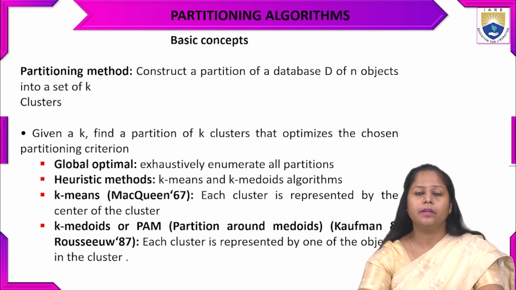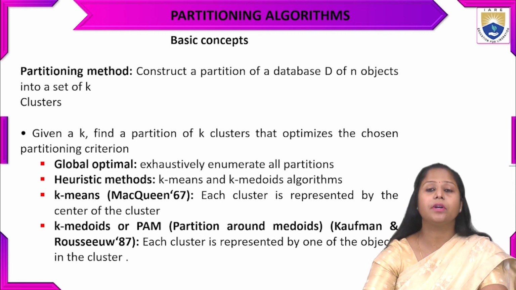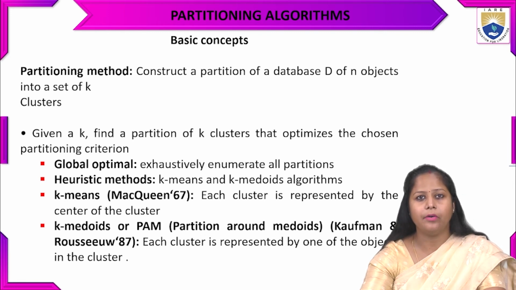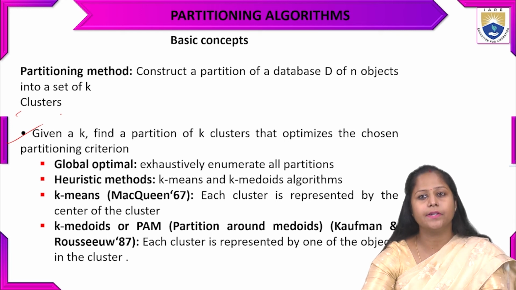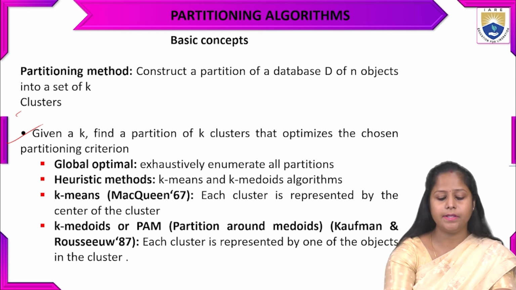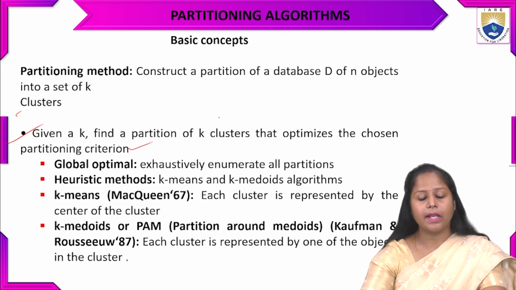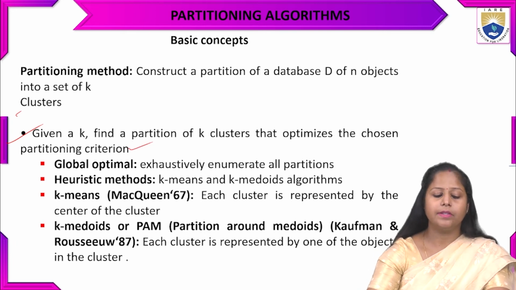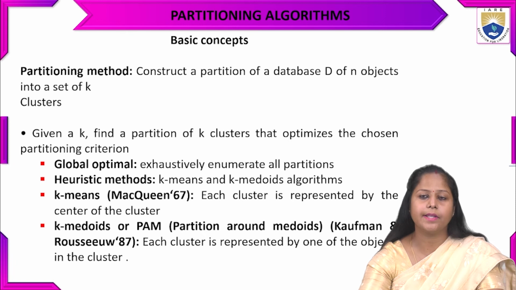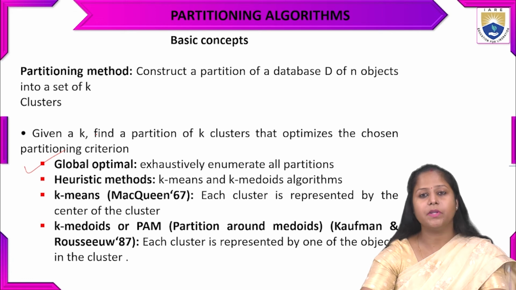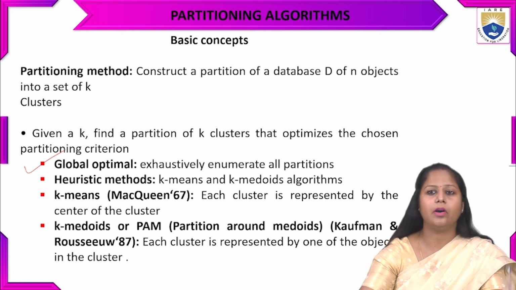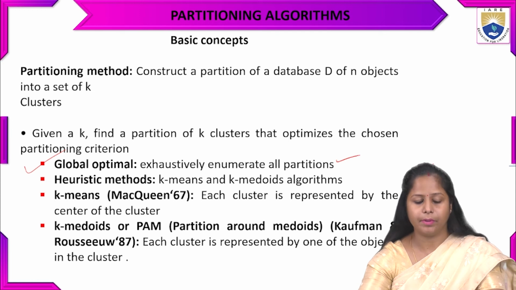The basic concept in the partitioning method is that we need to construct a partition of a database D of n objects into a set of k clusters. So given a k, find a partition of k clusters that optimizes the chosen partitioning criterion. So this is the algorithm of the partitioning method. The criteria are global optimal: exhaustively enumerate all partitions, that is the global optimum.